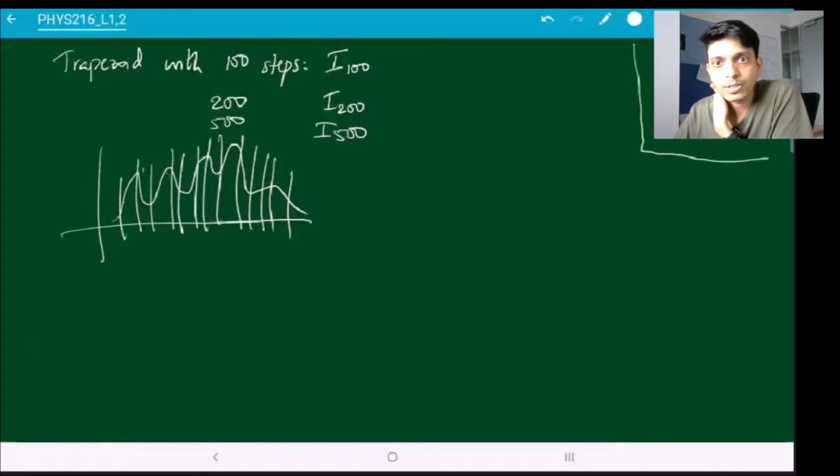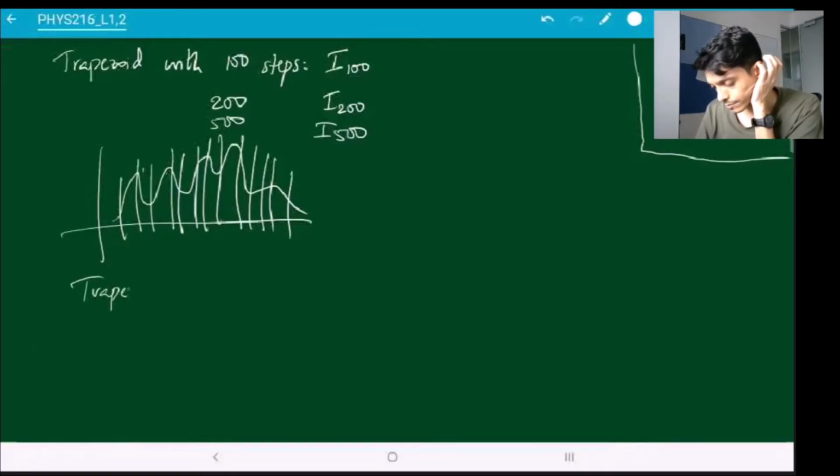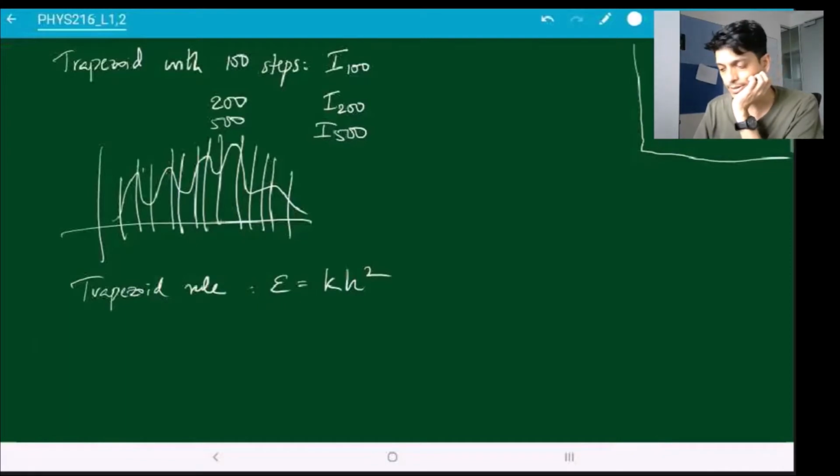You can also use adaptive step sizes now to eliminate some of the errors. So you know that in the trapezoid rule, the final error that you get is of the order of h squared. So let's say it is some k times h squared.